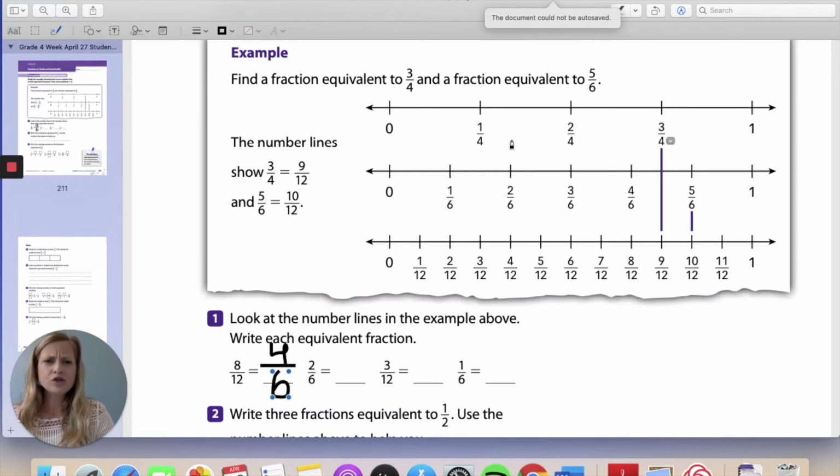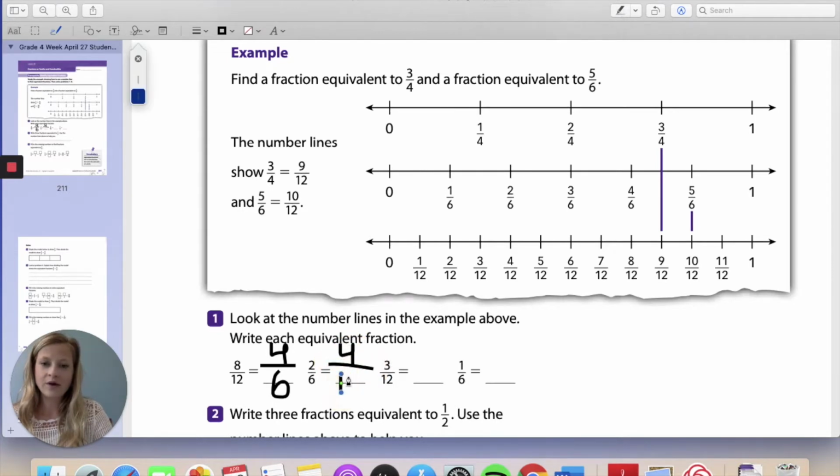If I go straight up, I see that there's not an equivalent fraction between 2/6 and the fourths. But when I drag my cursor down, I see that 2/6 is actually equivalent to 4/12. So I'm going to write next to 2/6 that 2/6 is equal to 4/12.